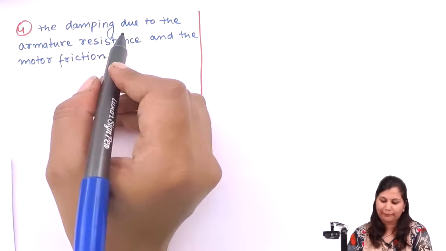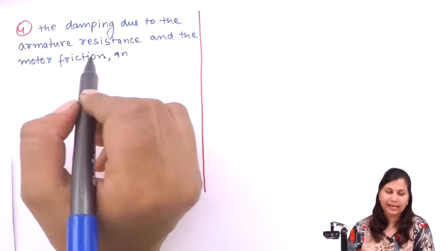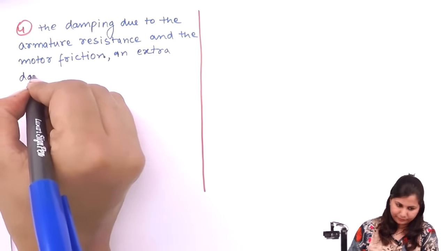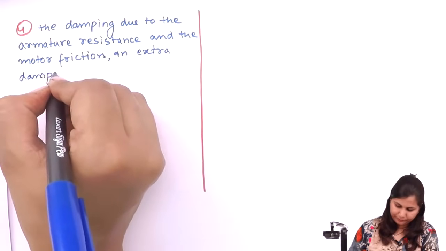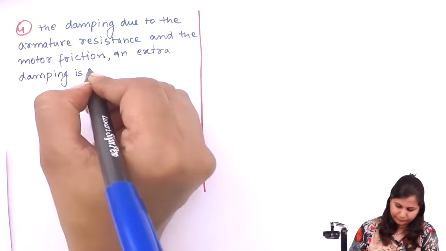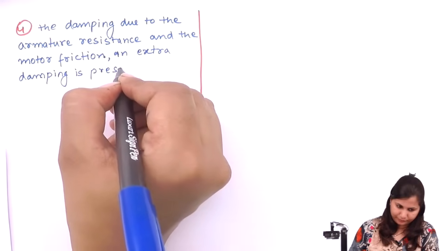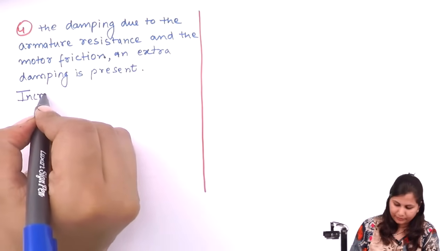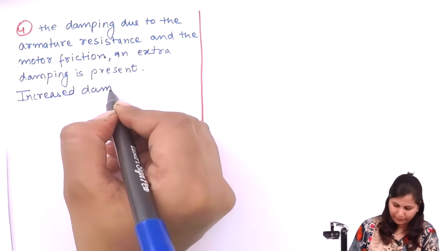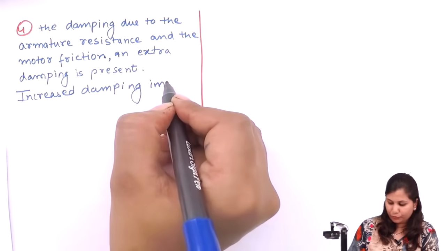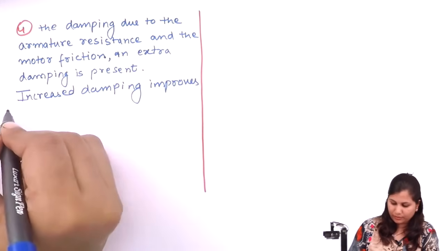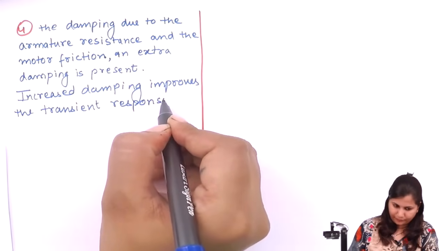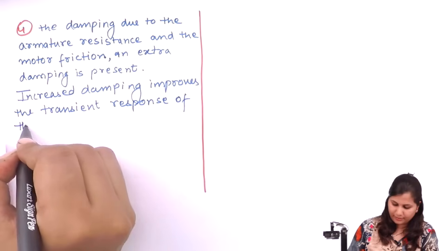Due to this damping of the armature resistance and motor friction, an extra damping is produced, and this increased damping improves the transient response of the system.